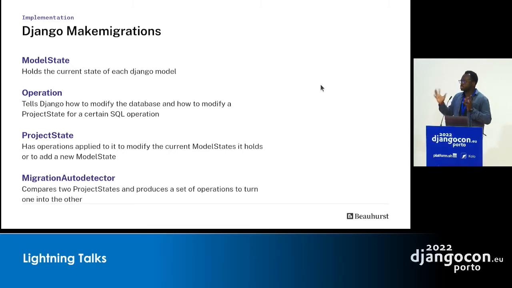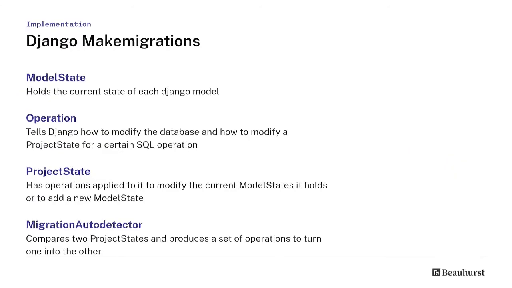It has a project state and a model state, and it runs each migration operation in turn to modify the project state and the model state. It looks at your actual models file and compares the two, and gives it to the migration autodetector, and that knows, okay, to turn from this project state to this project state, I need to create an operation for add model, create model, or delete model.